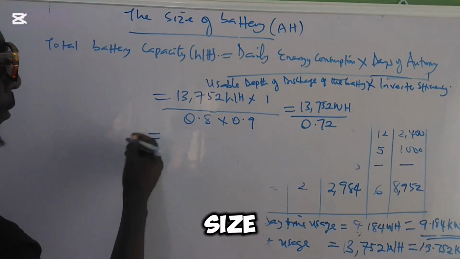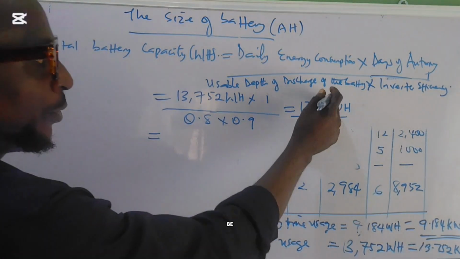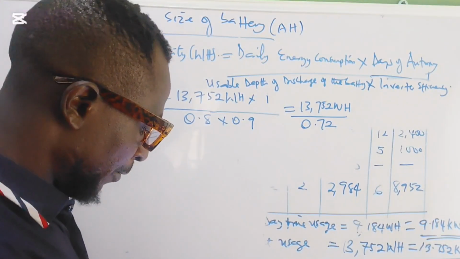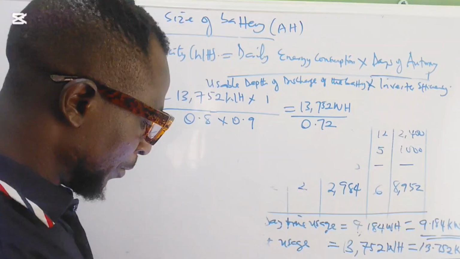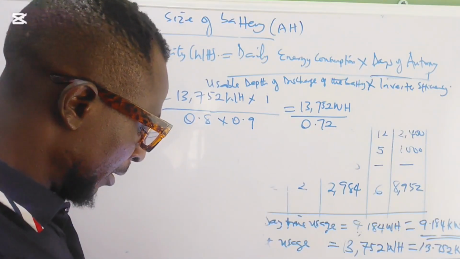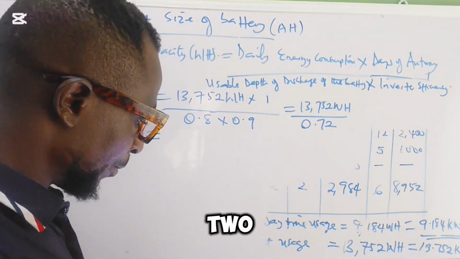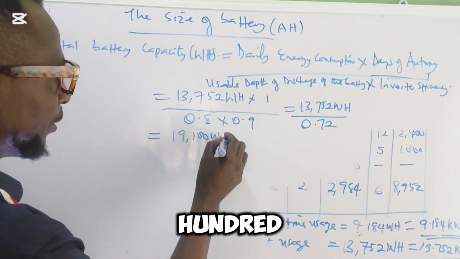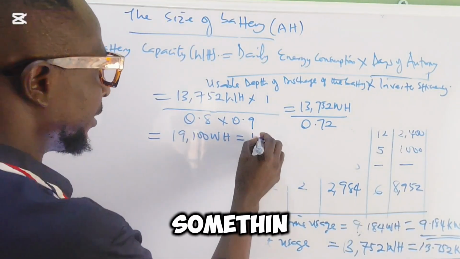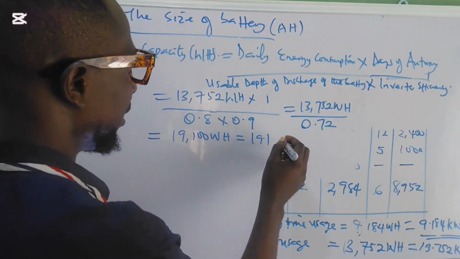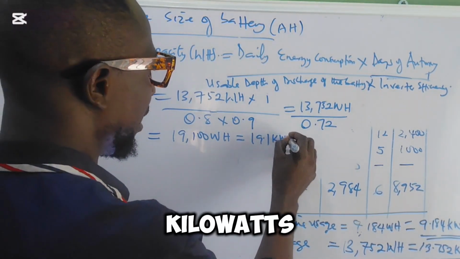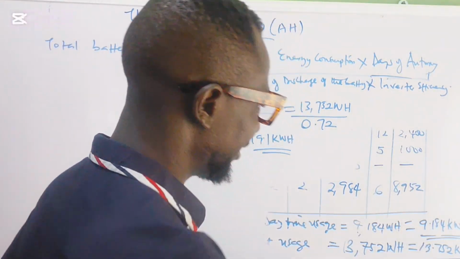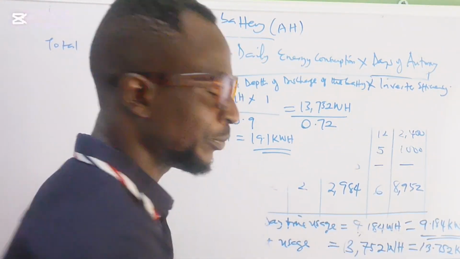Then the total size of battery in watt hour will now be this divided by this: 13,752 divided by 0.72. This gives us 19,100 watt hour, and the same thing as 19.1 kilowatt hour. So this is the battery size we'll be needing to run this load.